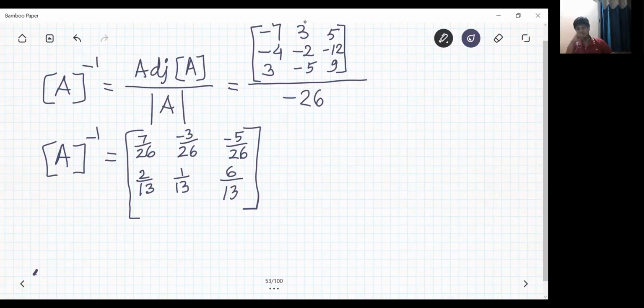Then 3 by 26 is minus 3 by 26. Then 5 by 26. Then 9 by 26; you can't simplify it, so it is minus 9 by 26.